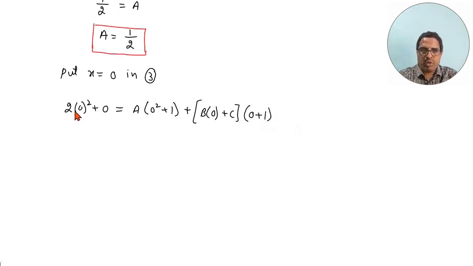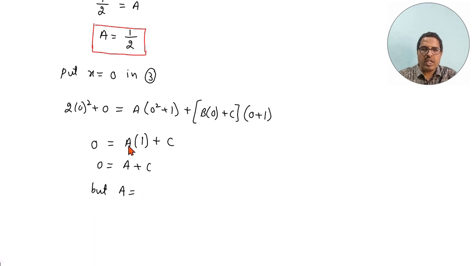So let us try to simplify this one. This entire left hand side will be 0, equals a times, you can just ignore the 0, you are left with 1 here. This b times 0 is 0, you can ignore that one, we are left only with c times 1, which will be c. So 0 equals a times 1, which is a, plus c. But what is the value of a we have?